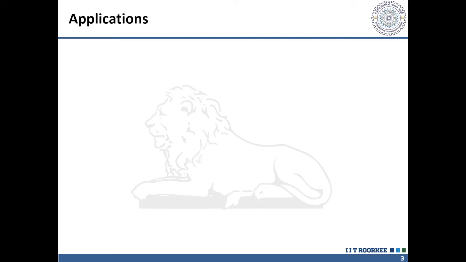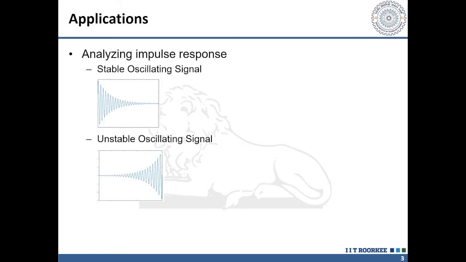Now coming to the application, but before that I would like to revise some fundamentals. We can analyze any impulse response system, as the impulse response system with feedback contains oscillations that increase or decrease with time. Systems like the first picture represent stable oscillating signals. If the system coefficients are changed, impulse response also changes, and in such oscillations we get a graph which is unstable, like the second picture.